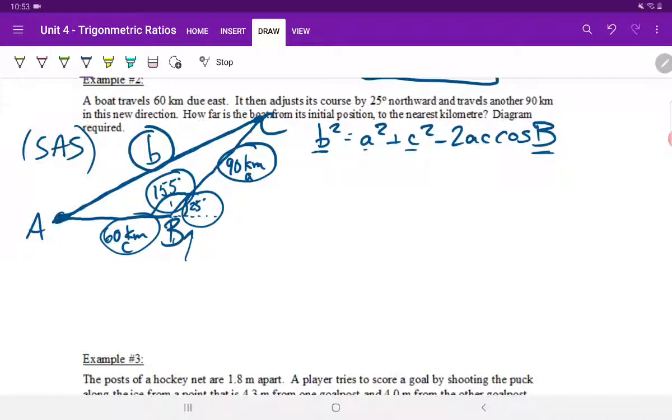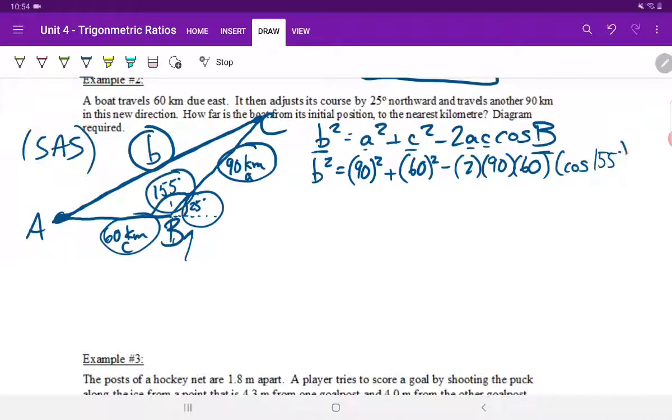My other two side lengths correspond with my a and c being multiplied by 2 and times cos angle B as well. So when we substitute our values in brackets, put your 2 in brackets, put your 90 in brackets, put your 60 in brackets, put your cos times angle B, which is 155, in brackets, okay? So that you know that you're multiplying all of this together.